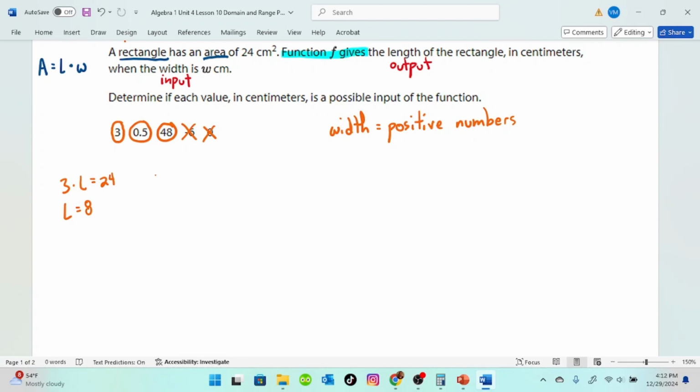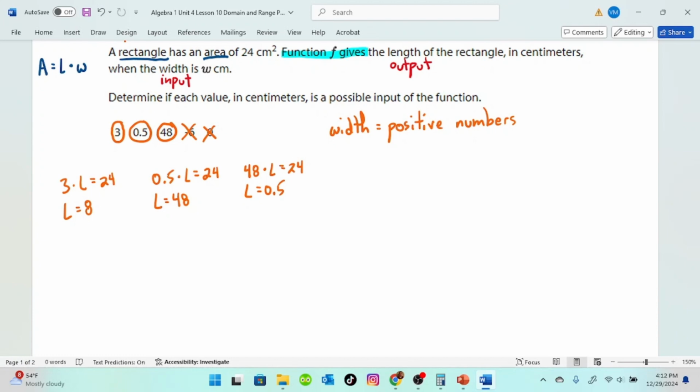If it was 0.5, then 0.5 times length equals 24, and my length is 48. And if 48 were my width, then 48 times length equals 24, means my length equals 0.5. All three of those are possible.